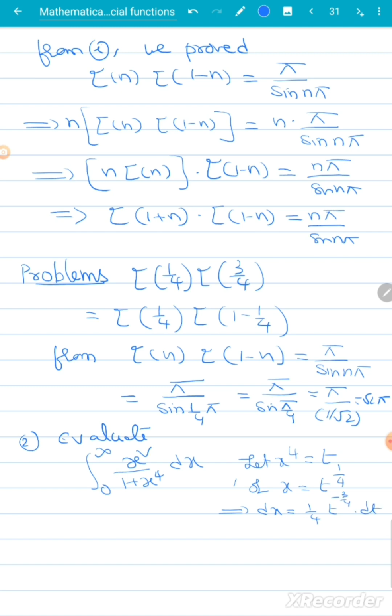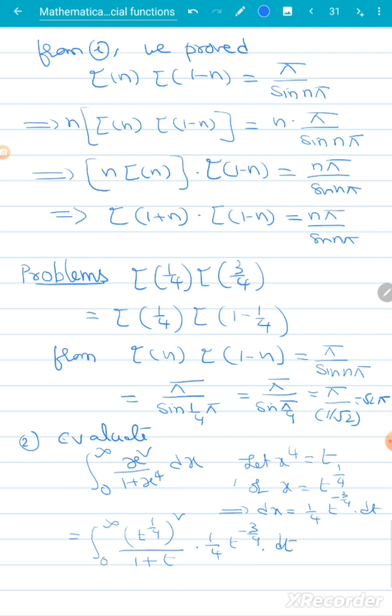And the lower and upper limits remain the same, since t is expressed as an expression in x. So this is equal to the integration from 0 to infinity of x squared, which means t to the power of 1/4 squared, by 1 plus t, into dx, whose value is 1/4 into t to the power of minus 3/4 into dt.